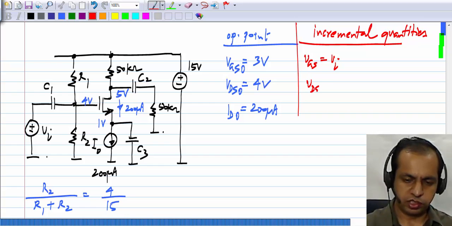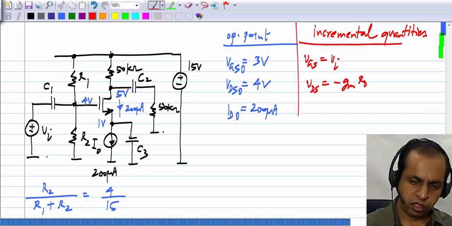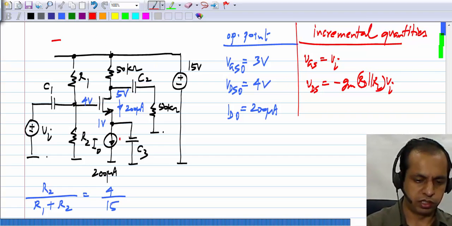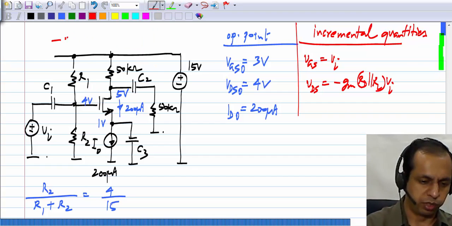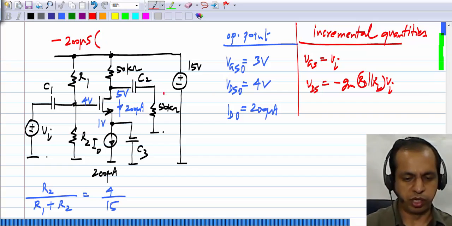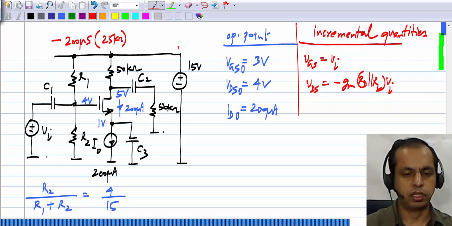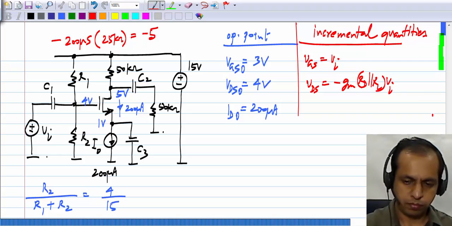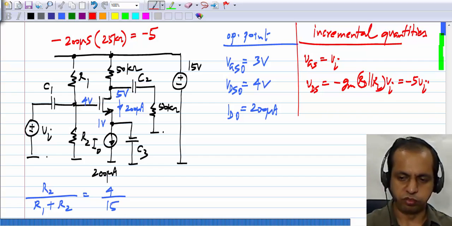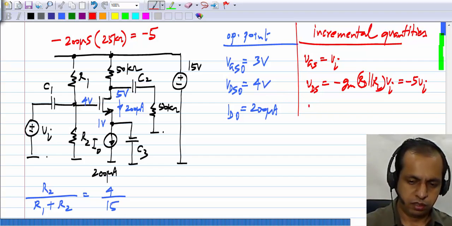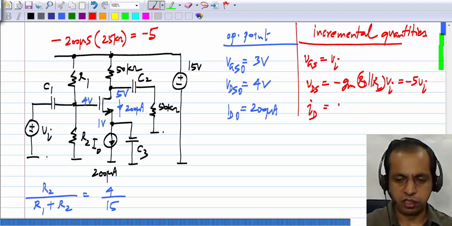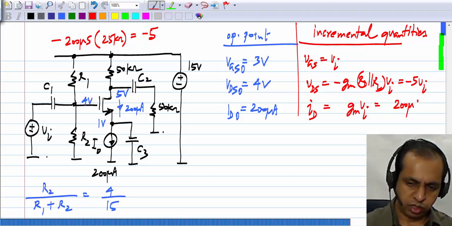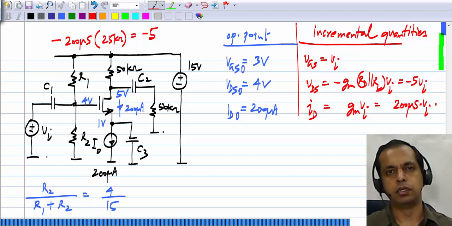And VDS equals minus Gm Rd parallel RL times Vi, and in this particular case it is minus Gm at this operating point, which is 200 microsiemens, times Rd parallel RL, which is 25 kilo ohms, and this will be minus 5, which will be minus 5 Vi, and the incremental drain current is Gm Vi, or 200 microsiemens times Vi.